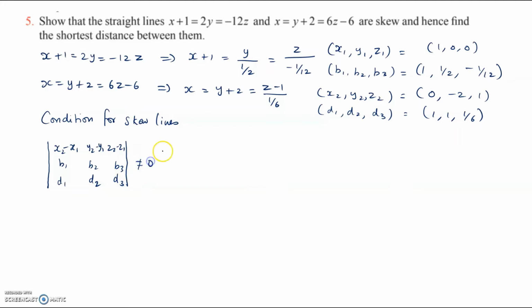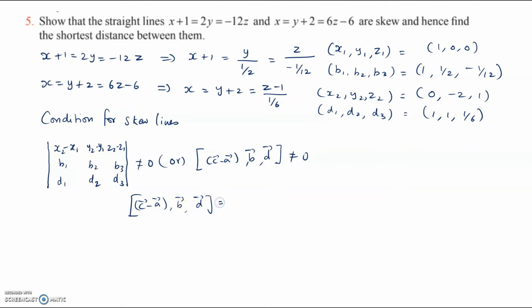This is not equal to 0. Or you can also call this our scalar triple product, which is c vector minus a vector, b vector, d vector, not equal to 0. Alright, so let's substitute the values onto the determinant here.